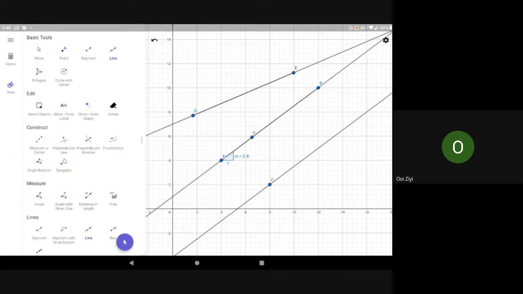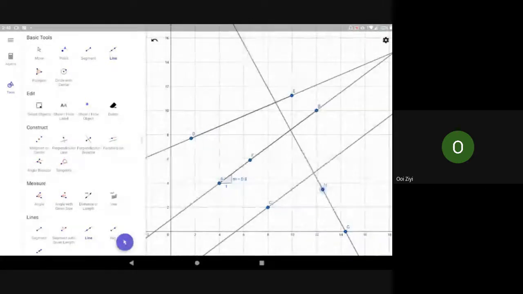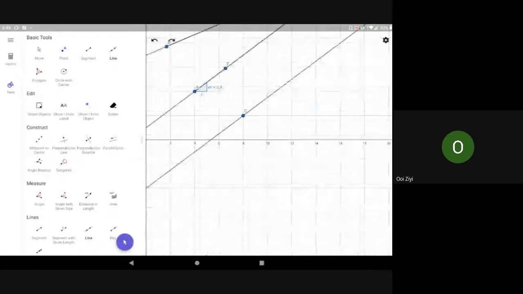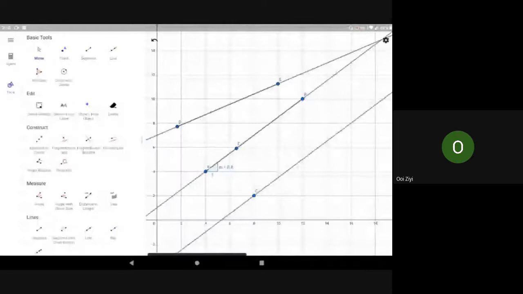So AB and BE are not parallel lines. Parallel lines must not intersect each other. So look at line AB and line C here. This is a parallel line.